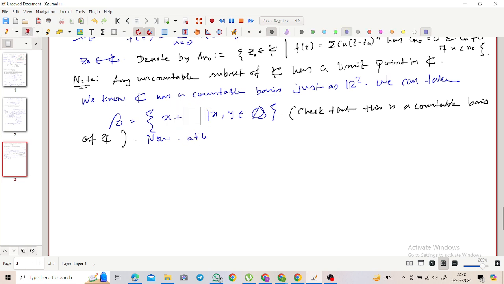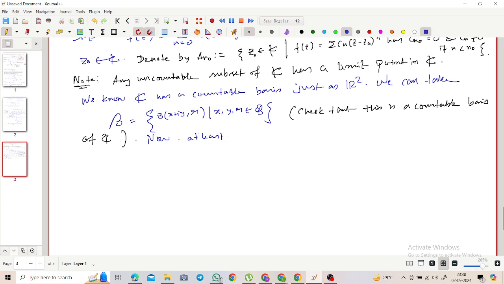No, how can this be a basis? The ball at x plus iy of radius r. So this is a countable basis, of course.